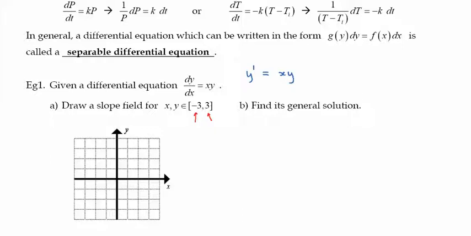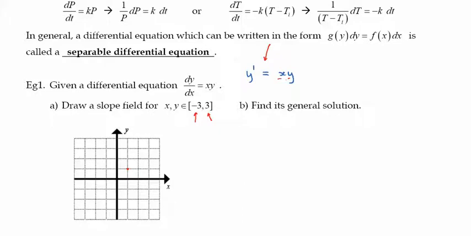Let's say I want to look at the slope when we have the point 1 and 1. When x equals 1 and y equals 1, what is the slope? Looking at this equation, when x equals 1 and y equals 1, the slope at this point equals 1.